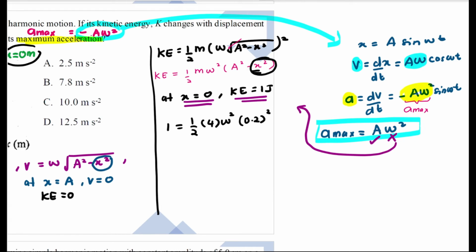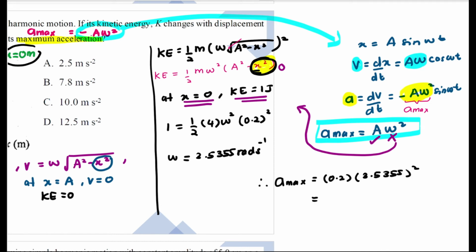Okay, you substitute X with 0, so this becomes 0 because X is 0. So from here you can find omega is equal to 3.5355 radian per second. So when you have omega, therefore A maximum is equal to amplitude 0.2 times omega, 3.5355 squared. So you will get the value 2.5 meter per second squared. So you will get A maximum.